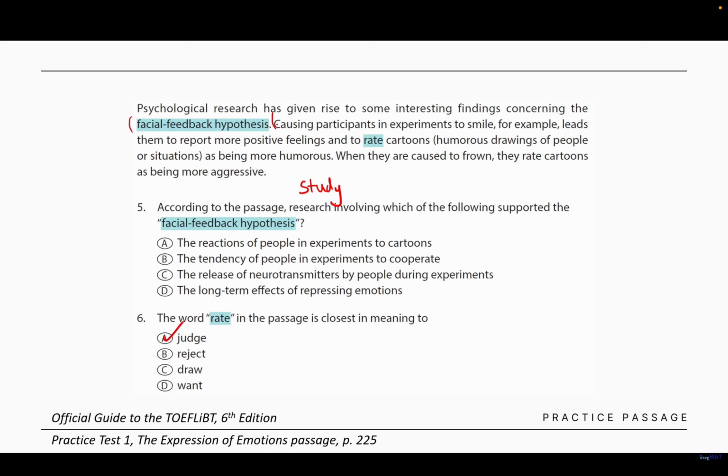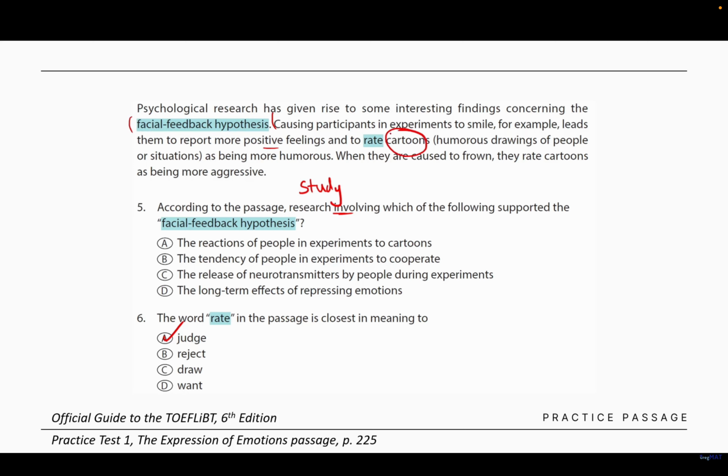What does it say about this study? Like what did this study involve? Who participated in this? Like what happened? The study is about the experiments with smile. Yep, so smiling and then they had positive feelings and then what did they do?